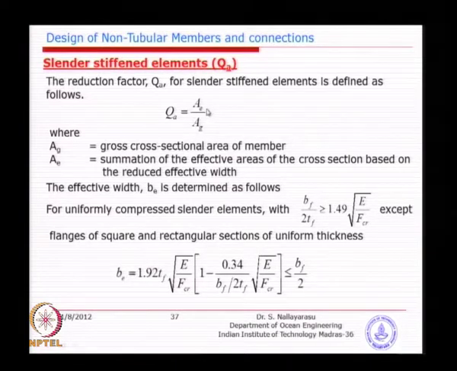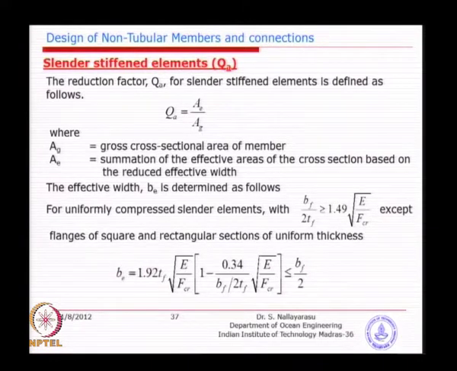Basically, QA is defined as the summation of the effective area of the cross section, based on the reduced effective width, divided by the gross cross-sectional area of the member, which is the summation of the web and the flange.